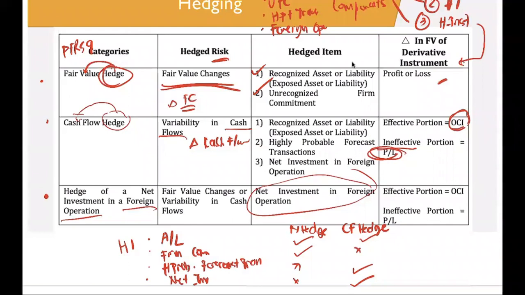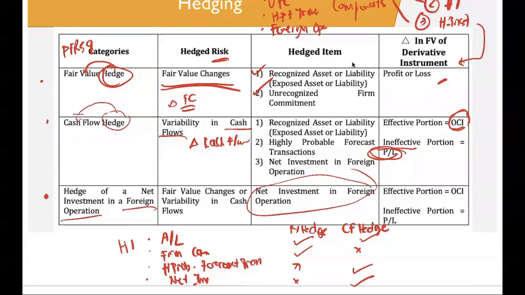Take note of the applicability of your hedges. So under PFRS 9, you can only use fair value hedge on two items: the recognized asset or liability and firm commitment. And you can use your cash flow hedge among three items: asset or liability, highly probable forecast transaction, and net investment in foreign operation. In short, firm commitment can only be a fair value hedge.